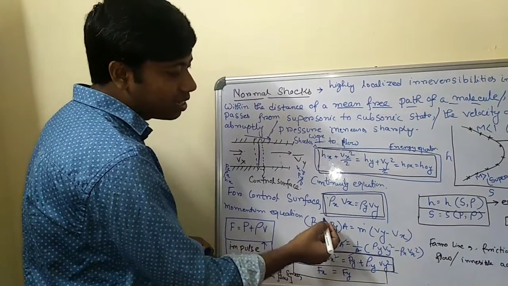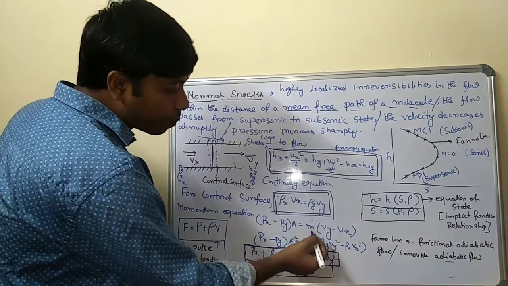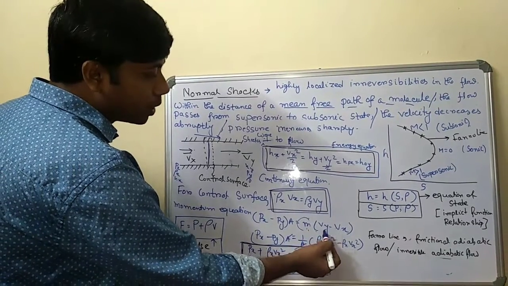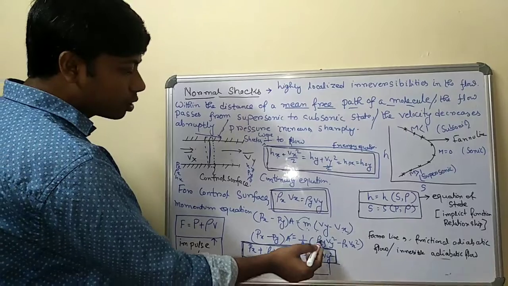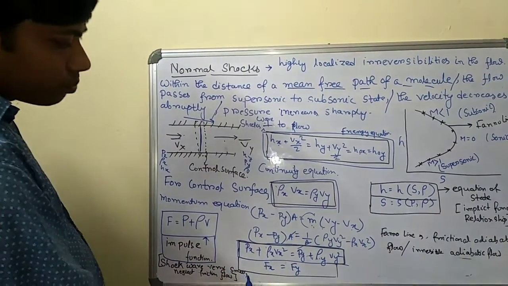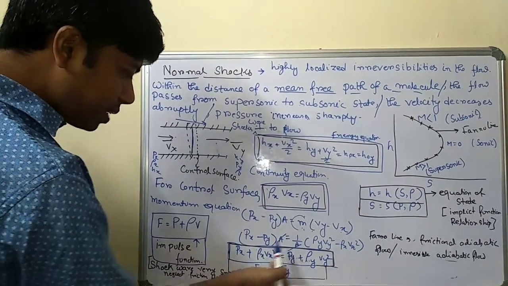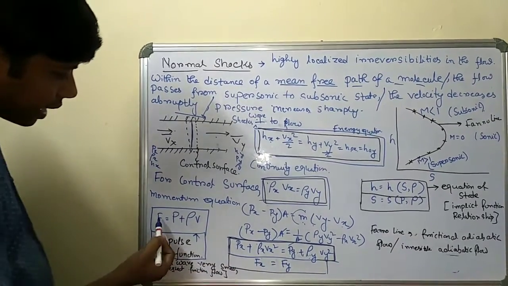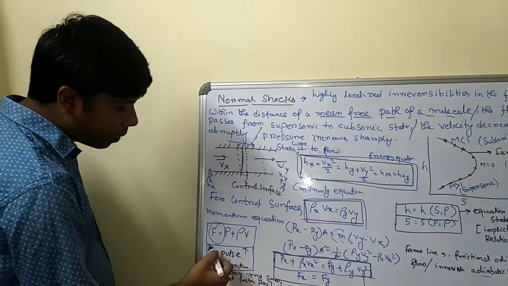The net force is equal to mass flow rate m dot times Vy minus Vx. Now m dot, the mass flow rate, you can write as rho y Vy square equal to minus rho x Vx square. So in terms of that, you can write Px plus rho x Vx square is equal to Py plus rho y Vy square.